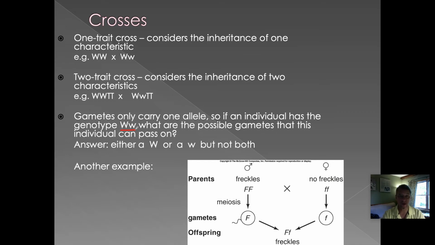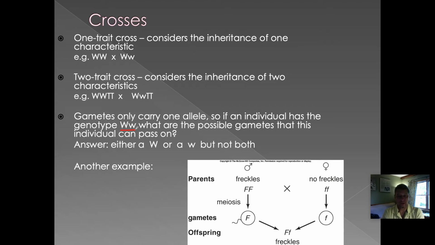Well, if this, for example, is a certain woman's genotype, then she can produce eggs with a big W allele, the dominant allele, and she can produce eggs with a little w allele. It should be about a 50-50 split. Half of the eggs will be dominant and half of the eggs will be recessive. She can produce either big W eggs or little w eggs, but each individual egg can only be one or the other.